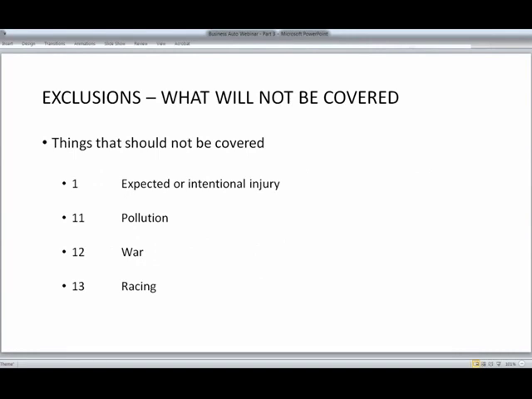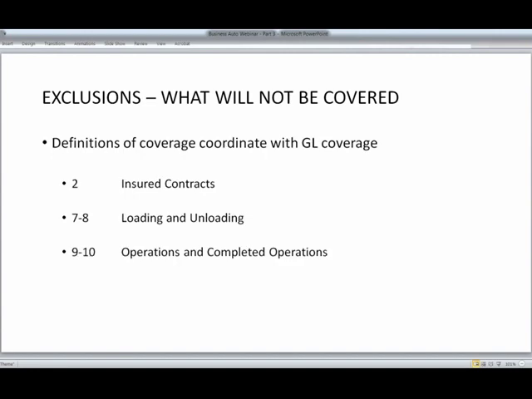I group the exclusions in 4 basic areas. Things that should not be covered: expected or intentional acts, pollution, war, and racing. We also use the exclusions to define coverage, and particularly to coordinate it between other coverage forms, mainly the general liability coverage form.